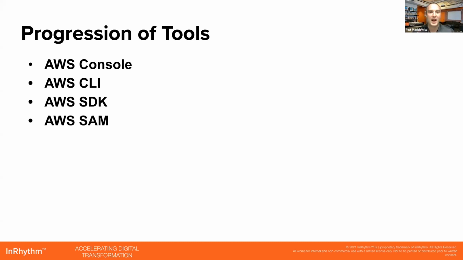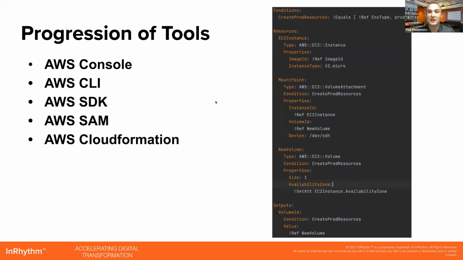And then after that came AWS SAM, which is a serverless application model. That helps you create serverless applications, primarily with API Gateway, Lambdas, and DynamoDB. But SAM, eventually, when you have it all set up, is going to compile into CloudFormation.